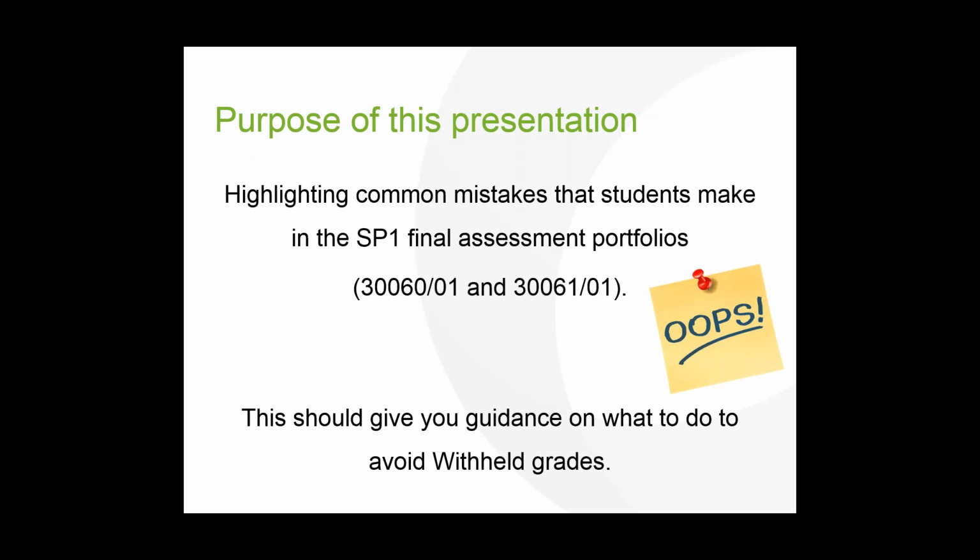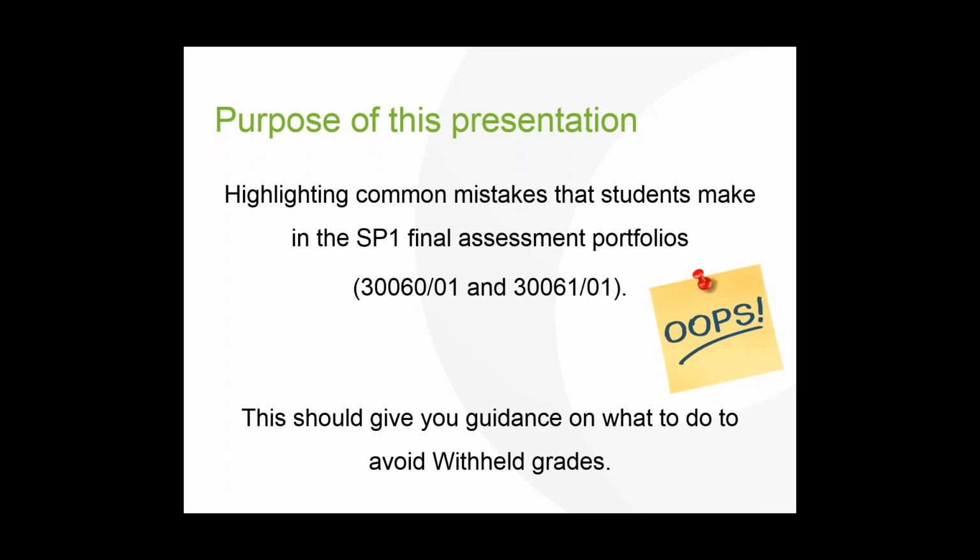The purpose of this presentation is to highlight common mistakes that students make in the study period one final assessment portfolios. There are two assessments, and both are the same. There's no difference between them. Try to complete and submit the first assessment, 30060, get a pass mark or distinction, and then work on your second assessment.